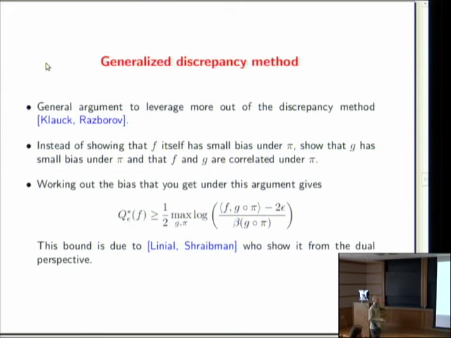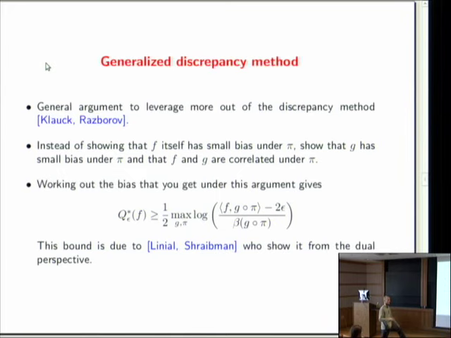Thinking about it that way is quite pretty, because if you just ignore this minus 2 epsilon for a minute, then this expression is the maximum over, let's say, B, some matrix with L1 norm 1, of the inner product of f and B over the infinity to 1 norm of B. This is exactly the dual norm to the infinity to 1 norm.